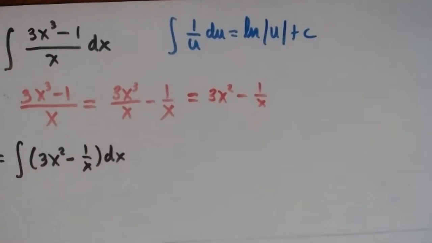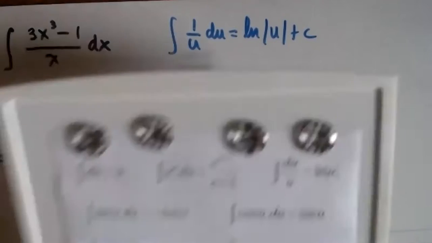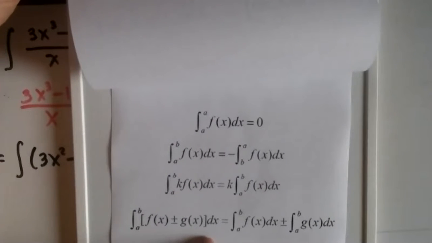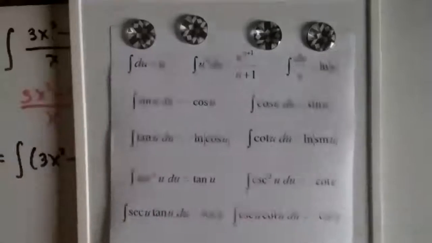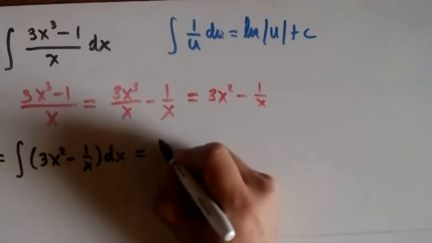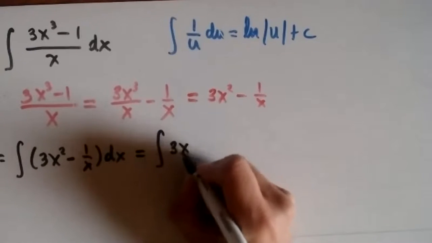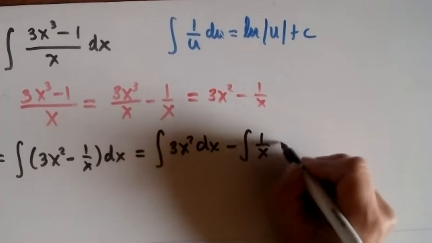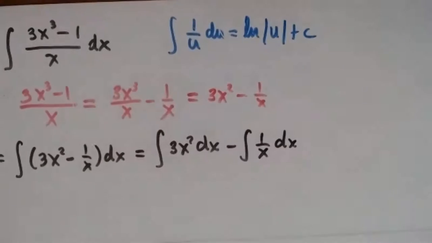Now I remember again my properties. My integration rule says that if I have the integral of an addition or subtraction, I have to take the integrals and add them or subtract them. So that's what I'm going to do. I'm going to take here the integral of 3x squared dx minus the integral of 1 over x dx.